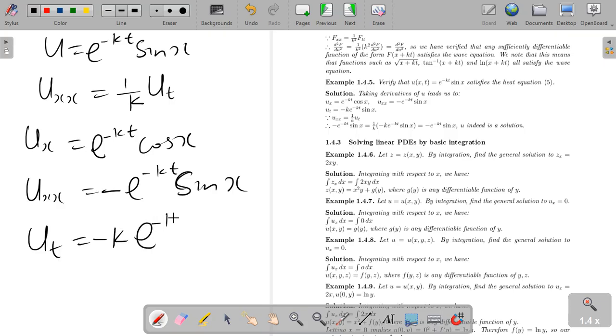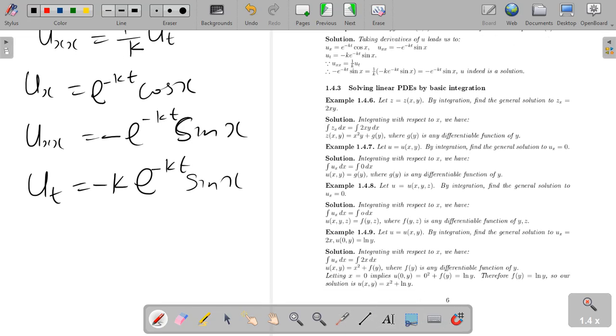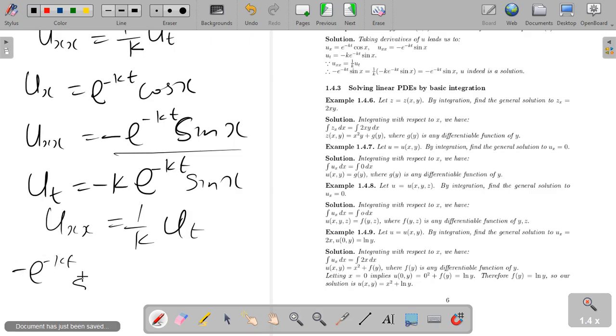So we want to check that u xx will be equal to 1 over k u t. So let's check it. u xx gave us minus exponential minus kt then sine x. Is it the same as 1 over k into this one, which gave us minus k exponential minus kt then sine x?